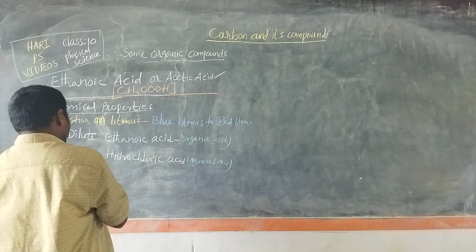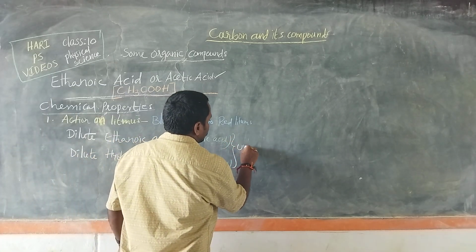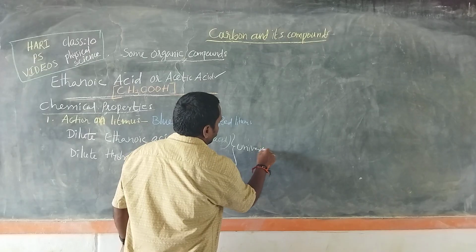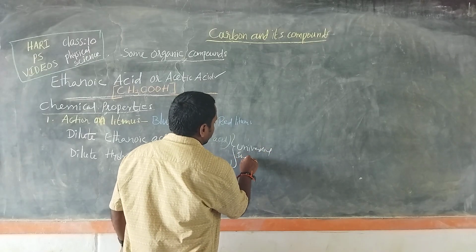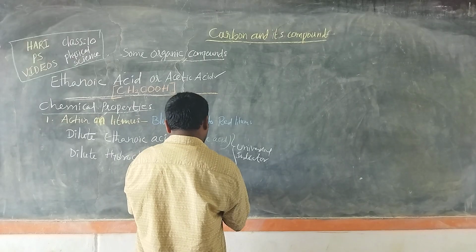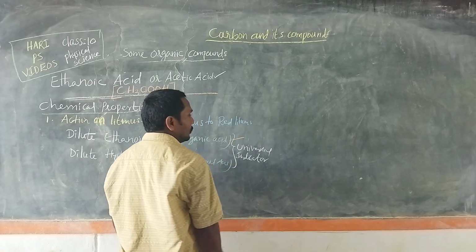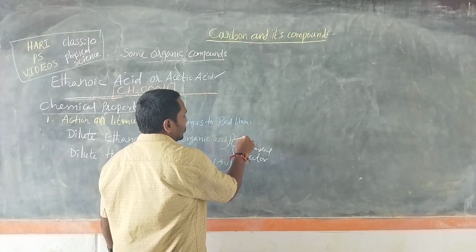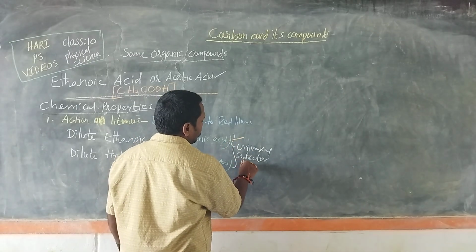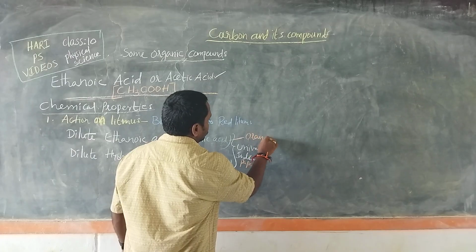When we test with universal indicator, dilute ethanoic acid changes the universal indicator paper to orange.